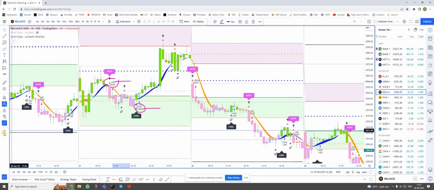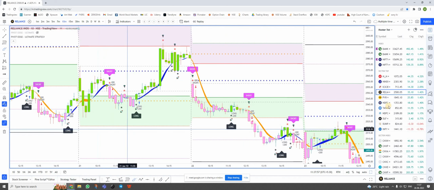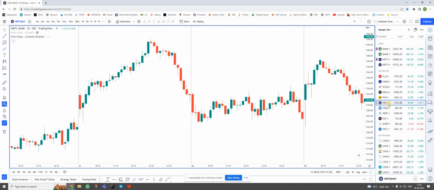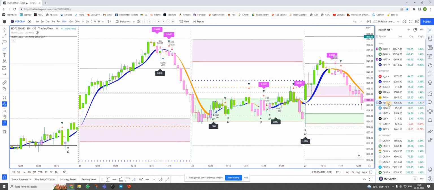But short is only for intraday. In case of stocks you cannot continue short. Like futures you can short and continue, keep the position, whereas for stocks you can only do any short positions for intraday. Only long you can continue to take position.